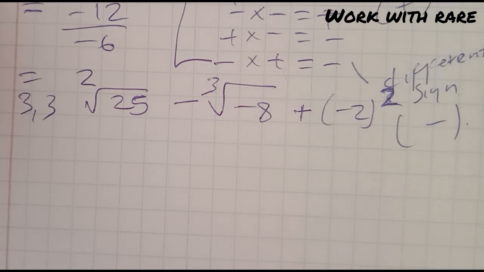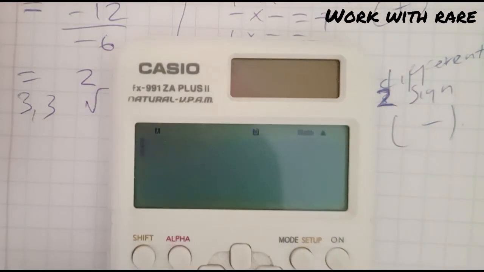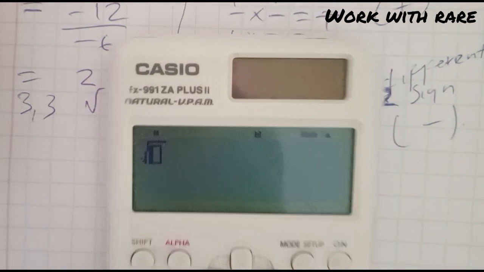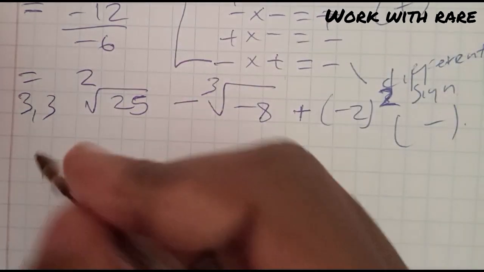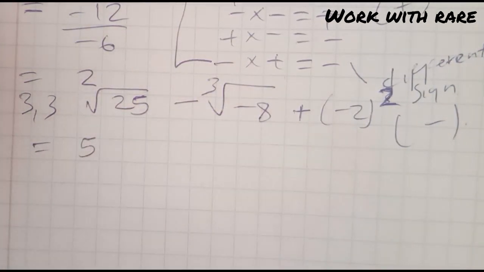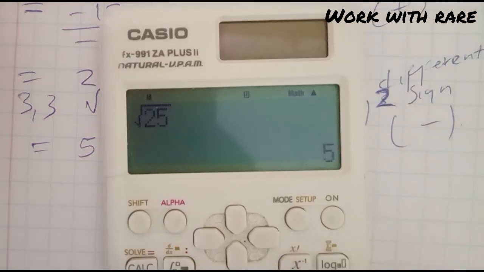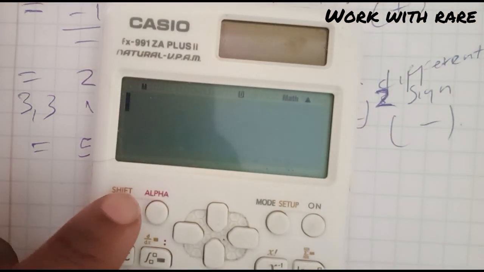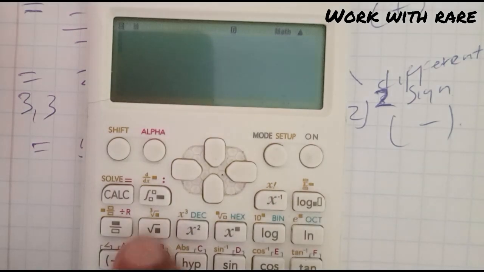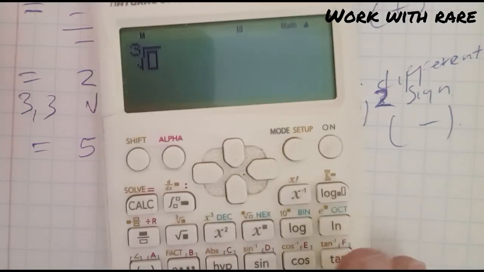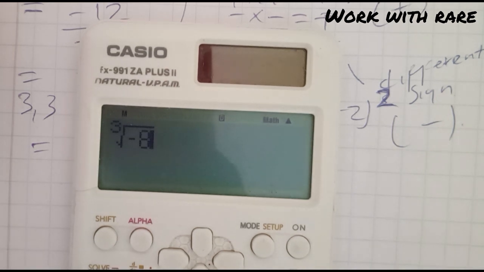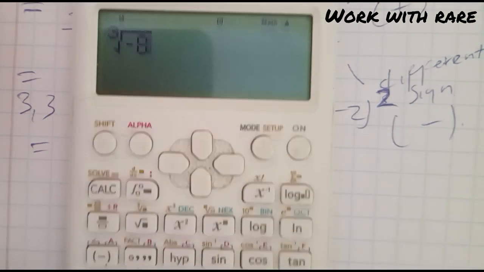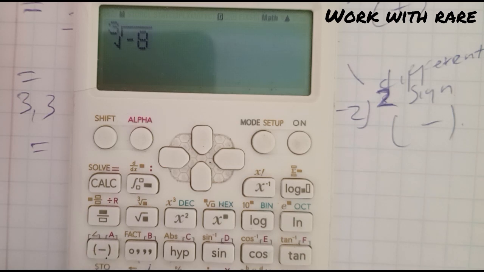So for this question, remember, we'll have to break these roots. The square root of 25 is 5, because 25 is a perfect square. So my first step here, I'll write 5. Then I'll press on my calculator, press shift, then this square root. You see I have cube root there. So I'll write -8. Every time you press a negative, press this button. If you use a Casio, press this button.